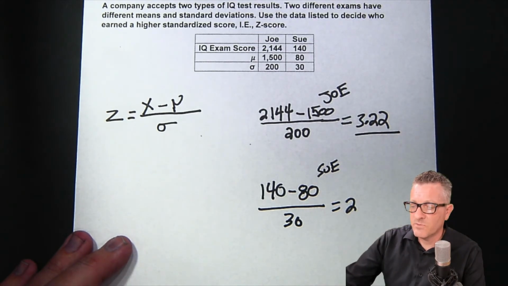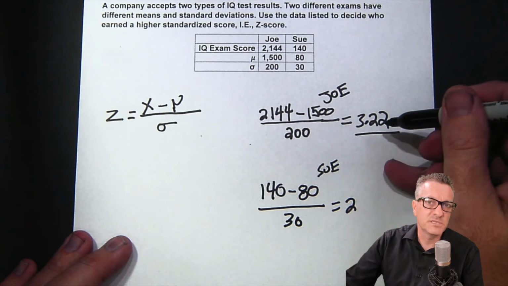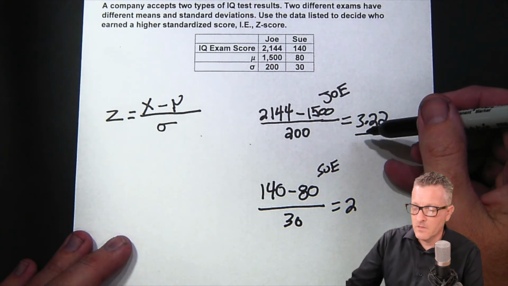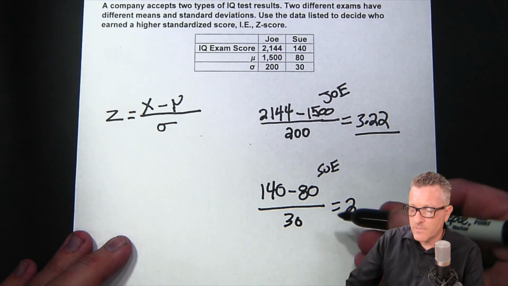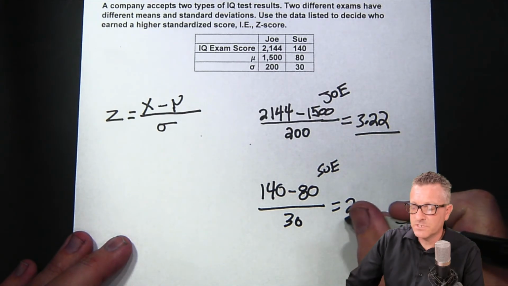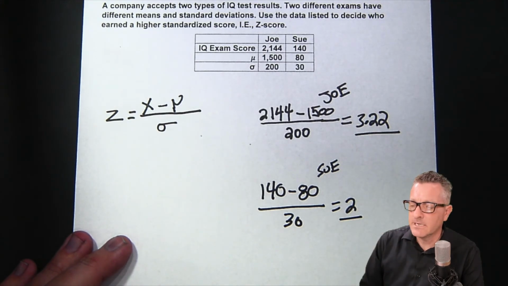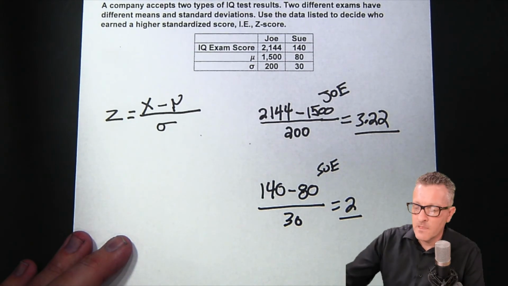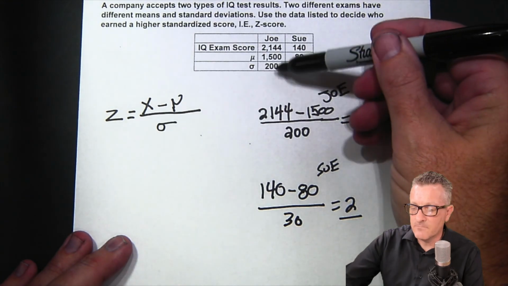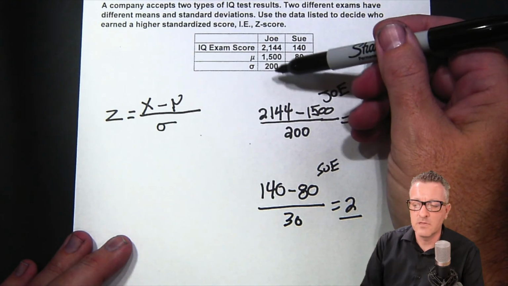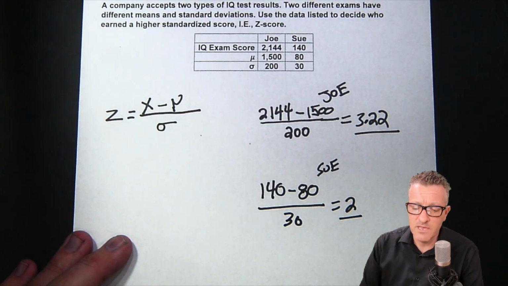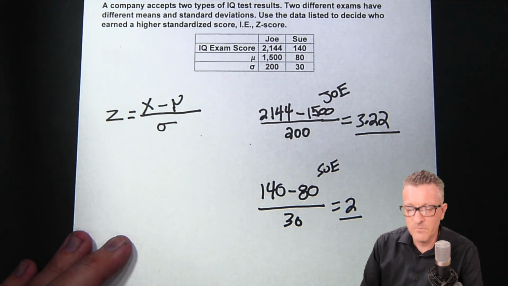And it's because he's 3.22 standard deviations above the mean for that distribution. Sue did well, but she was 2 standard deviations above. So that is how we would compare somebody's score within a type of distribution when it's hard to compare because the means and the standard deviations are different. Okay, thank you.